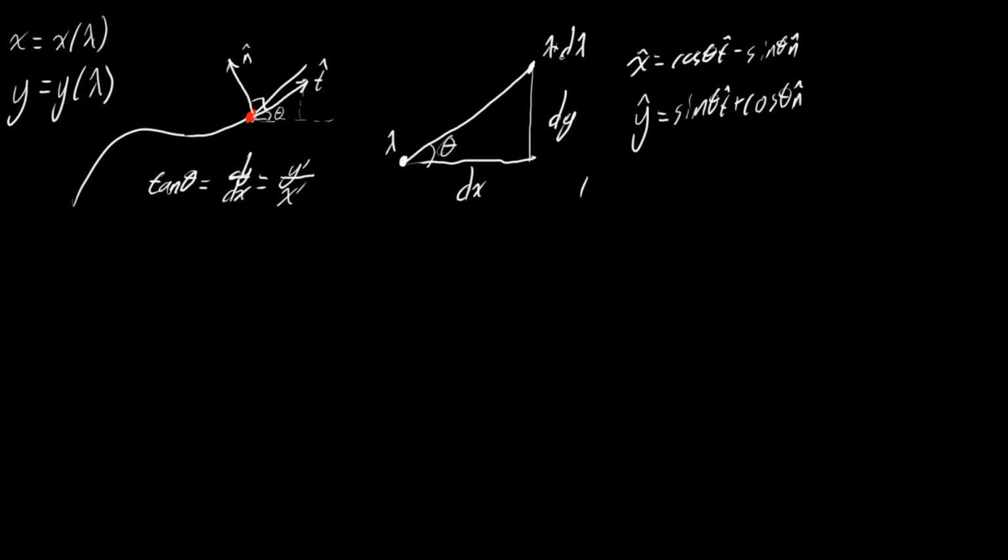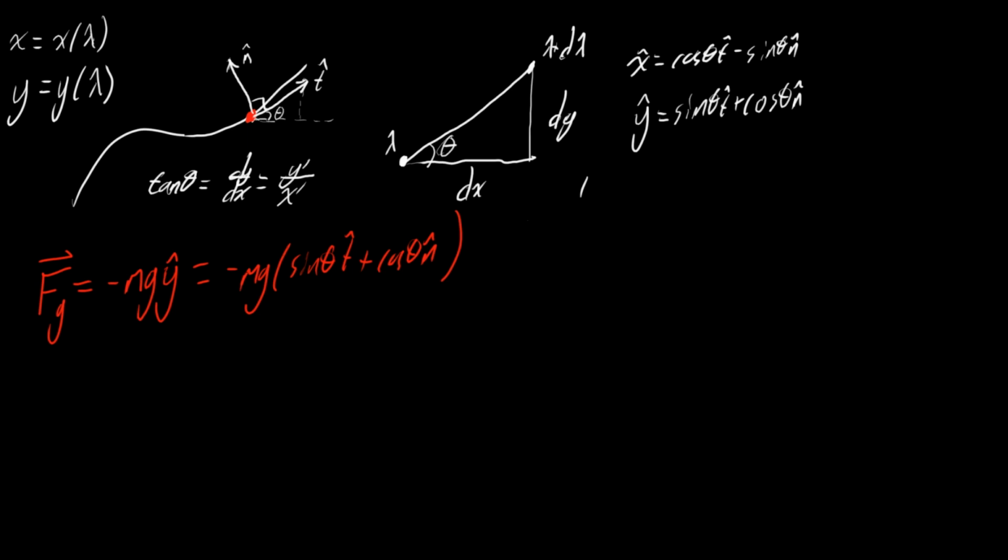So now we're going to write our force on the particle in terms of this. So remember, the force of gravity was equal to negative mg y hat. Well, then if we substitute the definition for y hat, we're going to get negative mg times sine theta t hat plus cosine theta n hat.